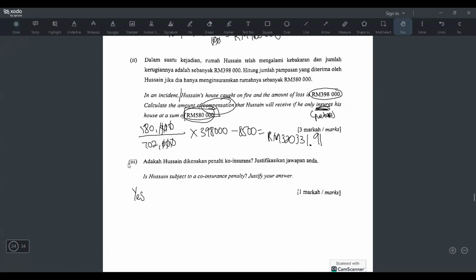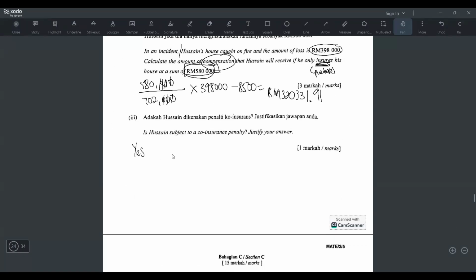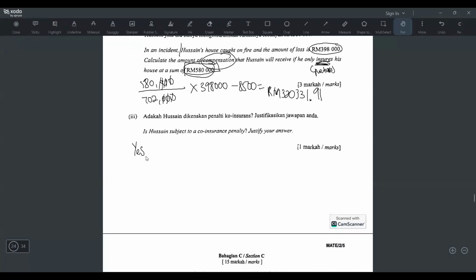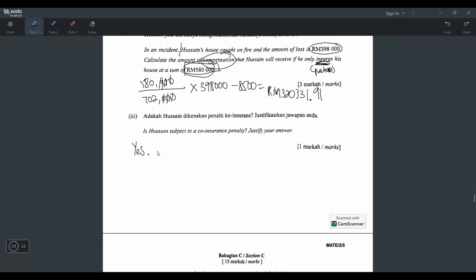All right, so now let's go back here. It says, is Hussein subject to co-insurance penalty? Yes. And what's the justification? What's the reason? So the reason you can just say because the insured value, or the insurance purchased, means the amount purchased is less than the required amount of required insurance.